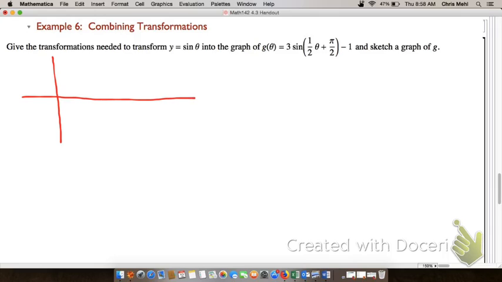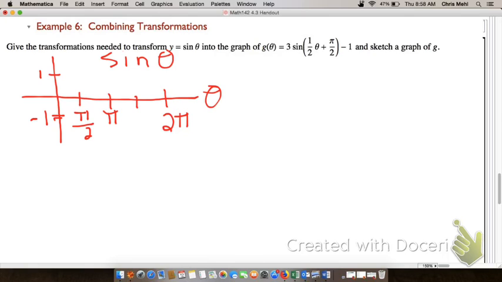First, I'm going to draw a fundamental cycle of sine. So this is going to be the graph of sine theta. Sine has maximum and minimum values, positive 1 and negative 1. The period of sine is 2 pi. And whether it's sine or a transformed function, you're always going to break up your period into fourths when you graph your fundamental cycle.